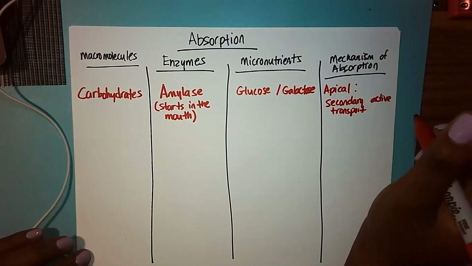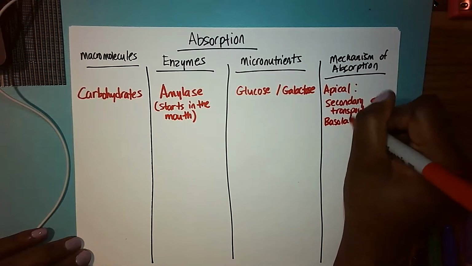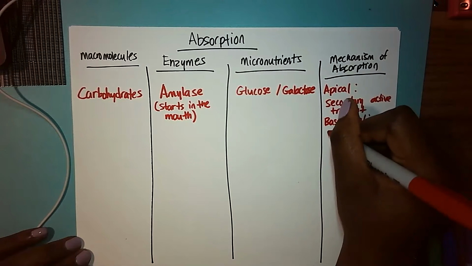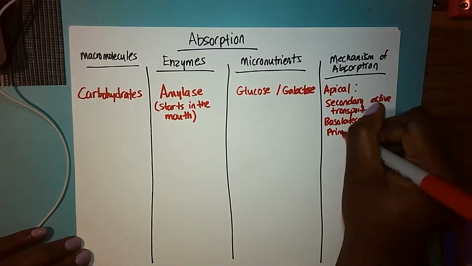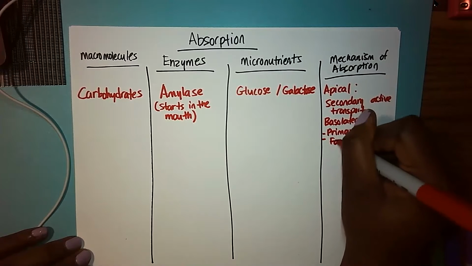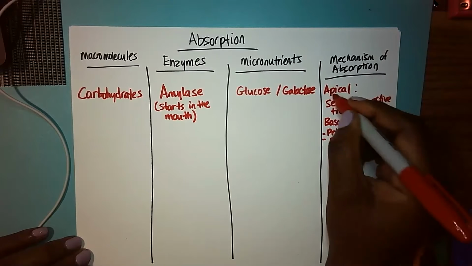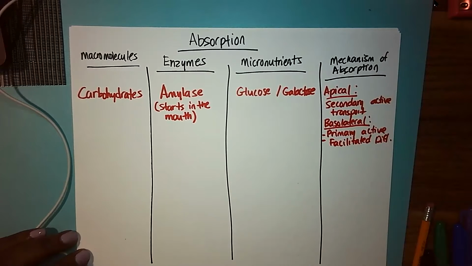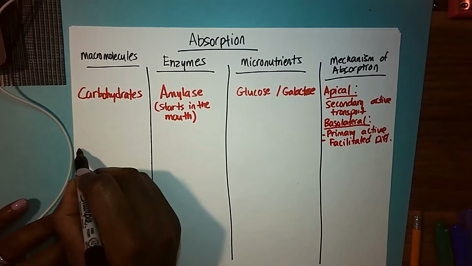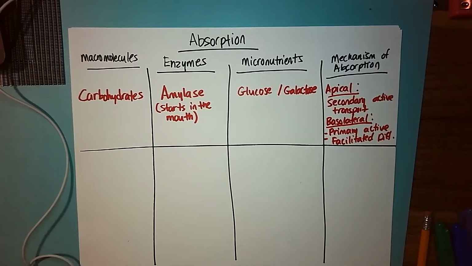As well as on the basolateral surface, this is where we had primary active transport, as well as facilitated diffusion. Okay. So that was carbs and how carbs are absorbed. Let's look at proteins.